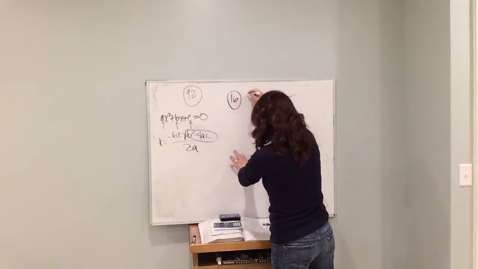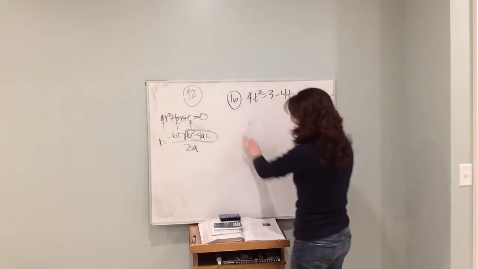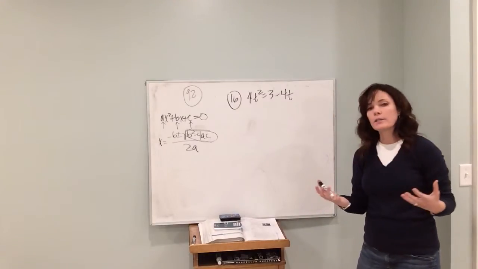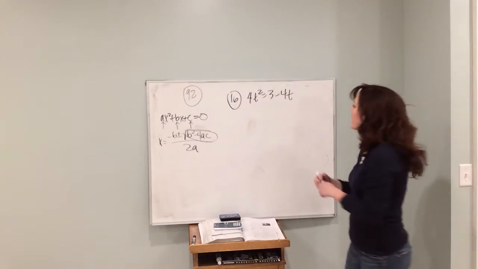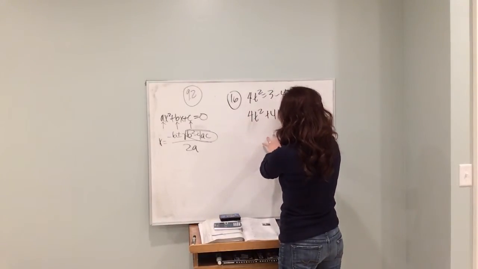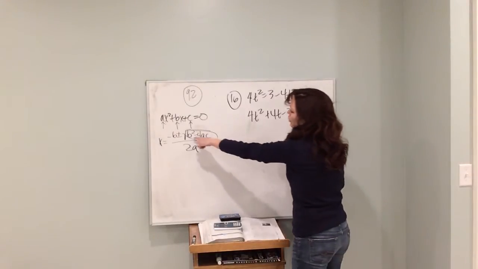So let's look at number 16. It says 4t squared minus 3 minus 4t. And what they're asking is, what kinds of solutions are we going to have and how many? So we need to put it still into the right form so that we know what our a, b, and c are. And we're going to put them right here into this.